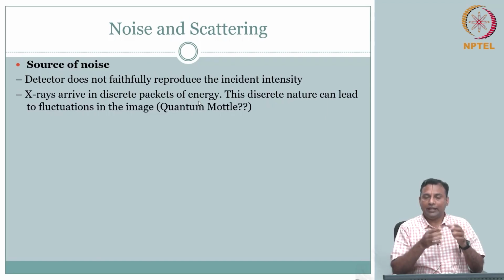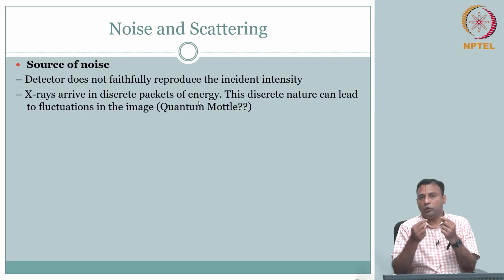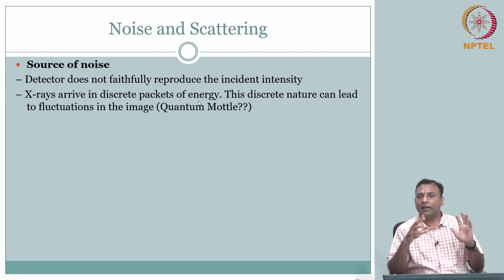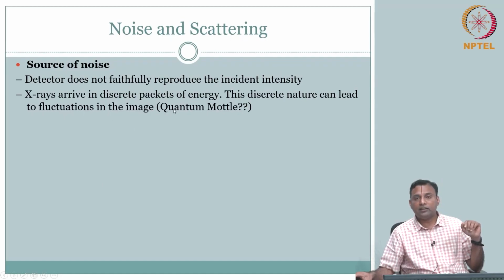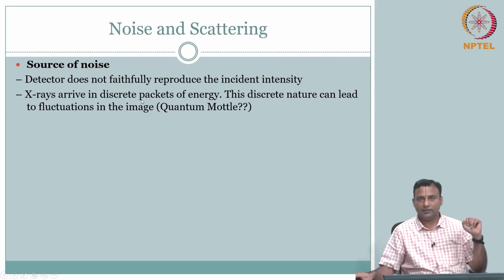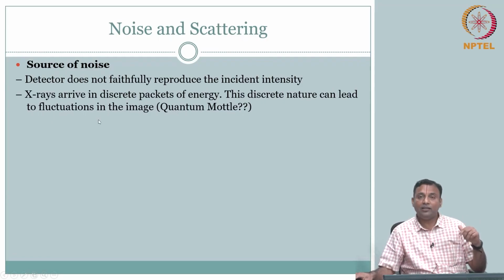So even though it's the same material, adjacent locations may get different n, slightly plus or minus the neighbor. So there is a fluctuation around. We also used the term quantum mottle for this fluctuation. Because of that, this fluctuation is your noise.